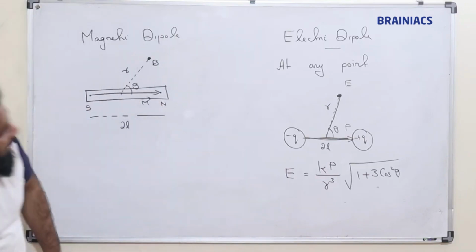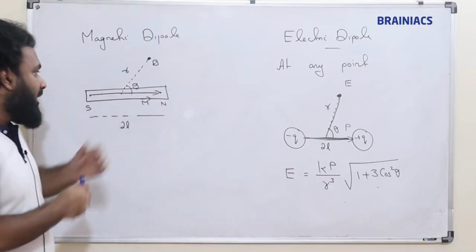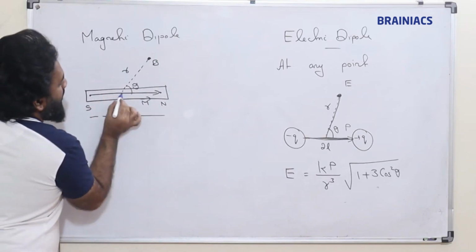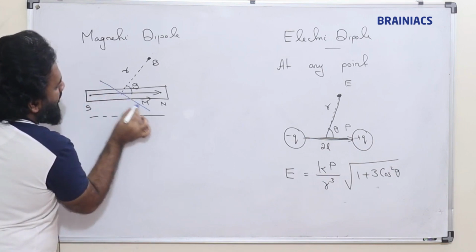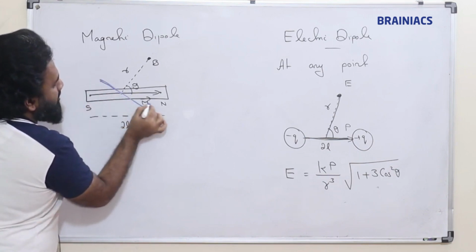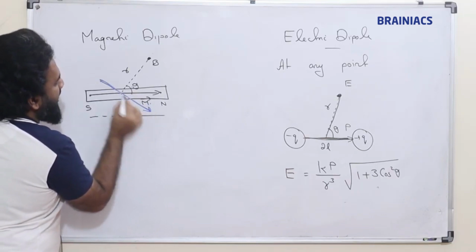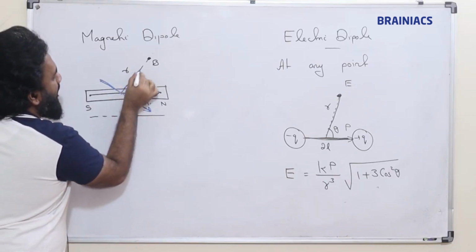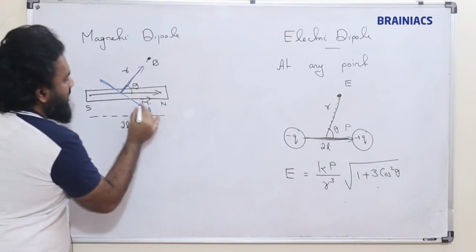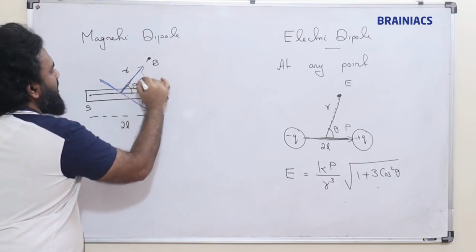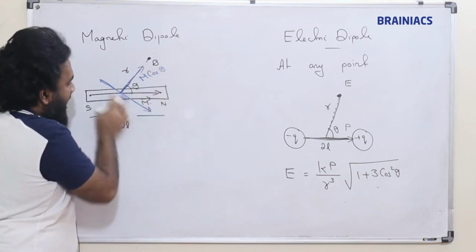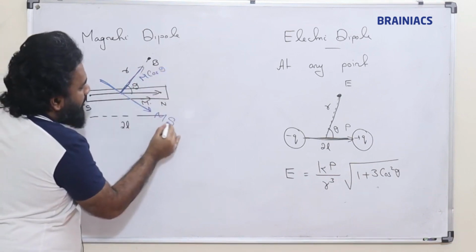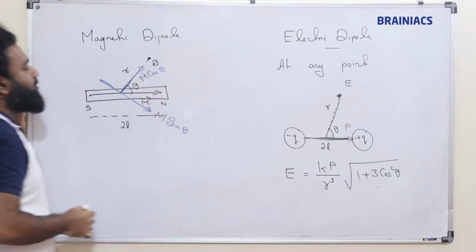So for that, what technique we used while deriving, the same thing we will do here. If this is theta, we will resolve this magnetic moment in this direction and in this direction. This is going to be m cos theta, and this is going to be m sin theta.